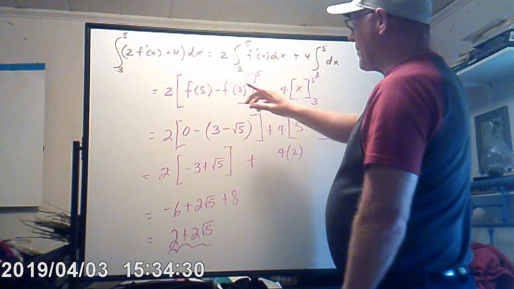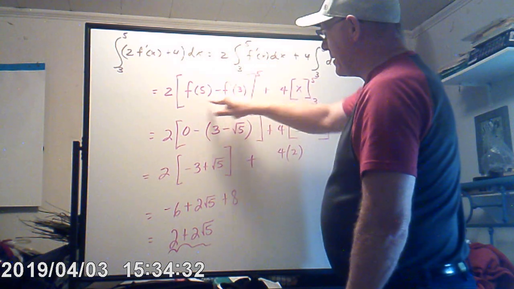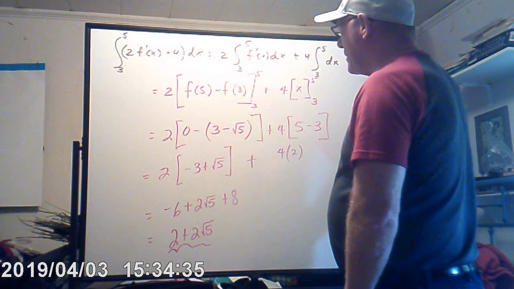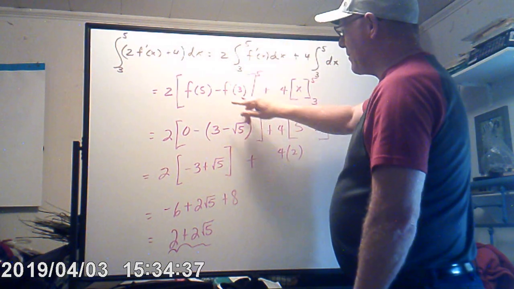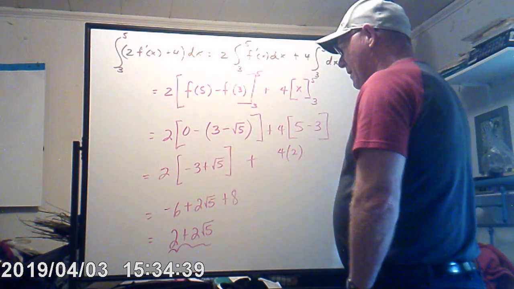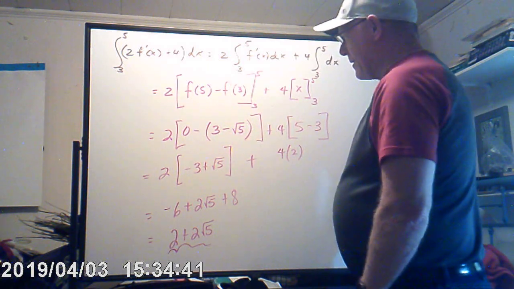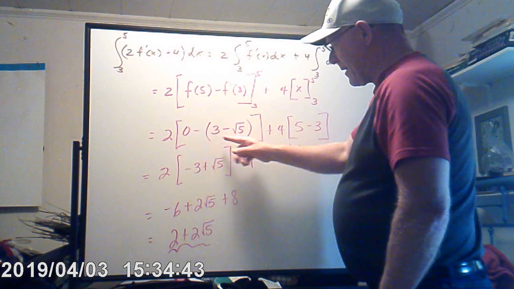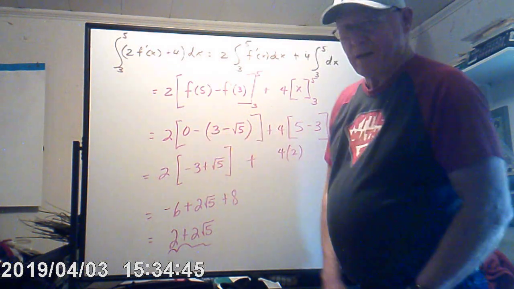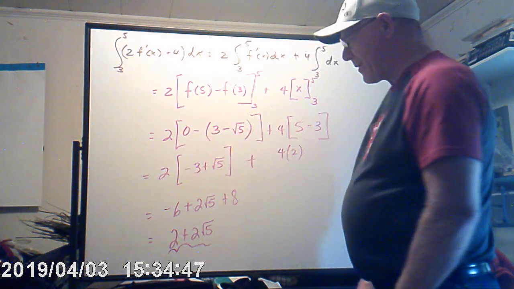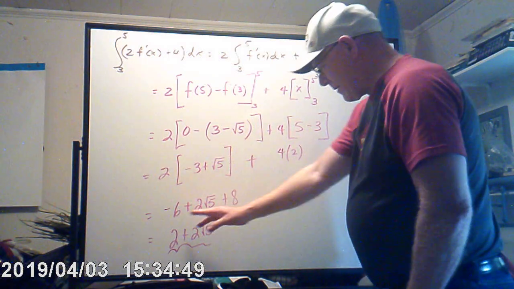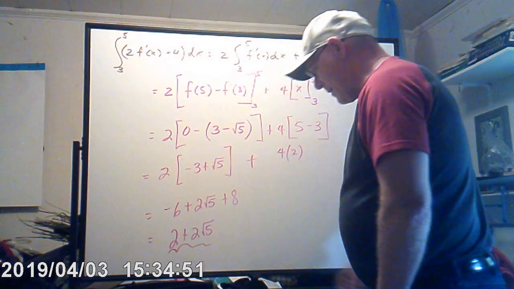This is that one thing you have to know right here: f at a minus f at b, something like that. And then don't forget, put that in parentheses because you have a minus sign here. Don't make that mistake there. Alright, and then there it is.